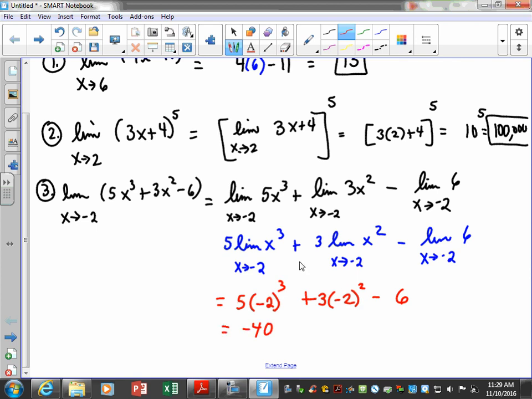That'll be -40 because it's an odd power. -2 squared is 4, times 3 is 12, minus 6. -34.